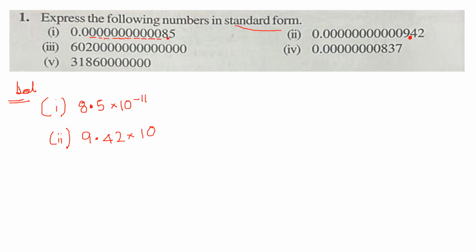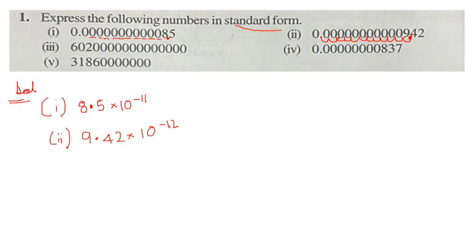The decimal has to travel from here till 9, so you will have to count how many places it is moving. 1, 2, 3, 4, 5, 6, 7, 8, 9, 10, 11 and 12. So totally 12 places it has moved. So 10 to the power minus 12.